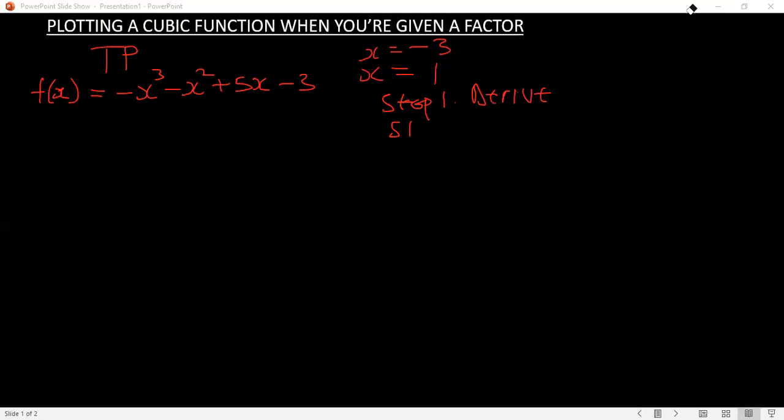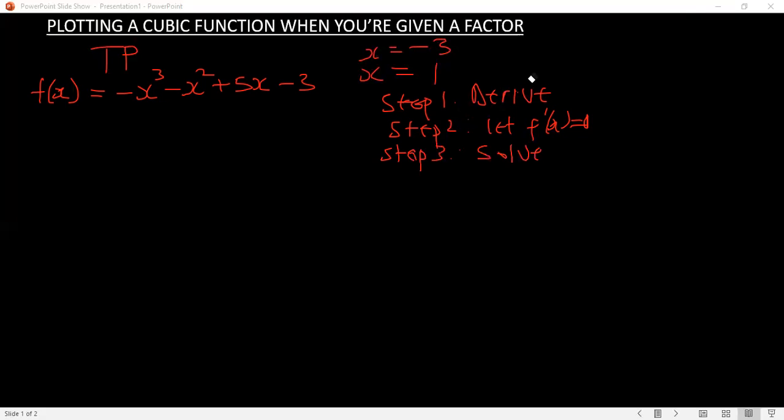Step 2, you let f prime be equal to 0. Step 3, you solve for x. You can use the quadratic formula, or you can factorize if you can take out a common factor.